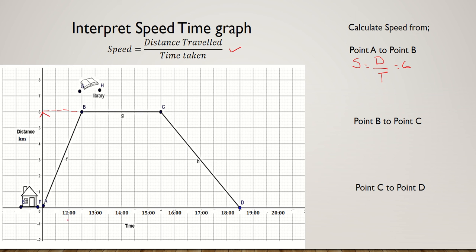The time is given in clock time. It is not like 1, 2, 3 where I can easily take it. So I have to see the time each box is showing. This is 12, this is blank and this is 13. So these two boxes are showing me 1 hour, and the middle time will be 12:30.